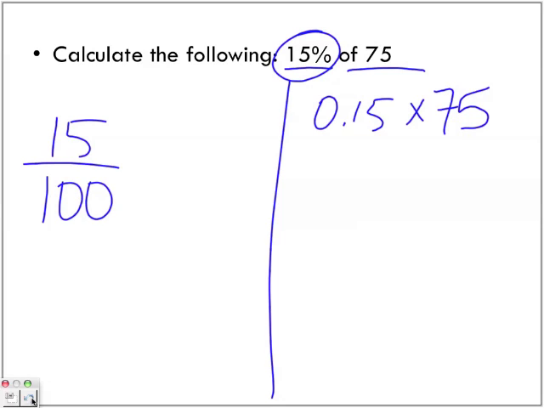This is the simpler way. The way I'm going to show you is the way you can use for any one of these calculations. But the only thing is you have to figure out the order in which they go. Okay? So that's one way of doing it. So what's the answer that we get when we multiply these? 11.25? Yep. Okay.